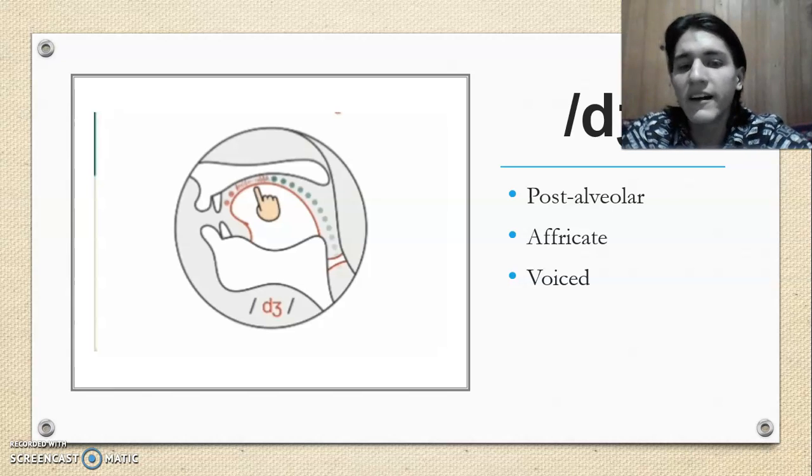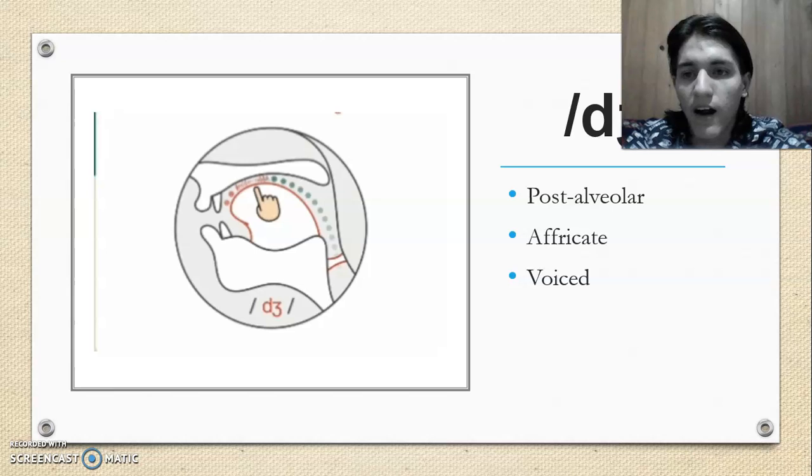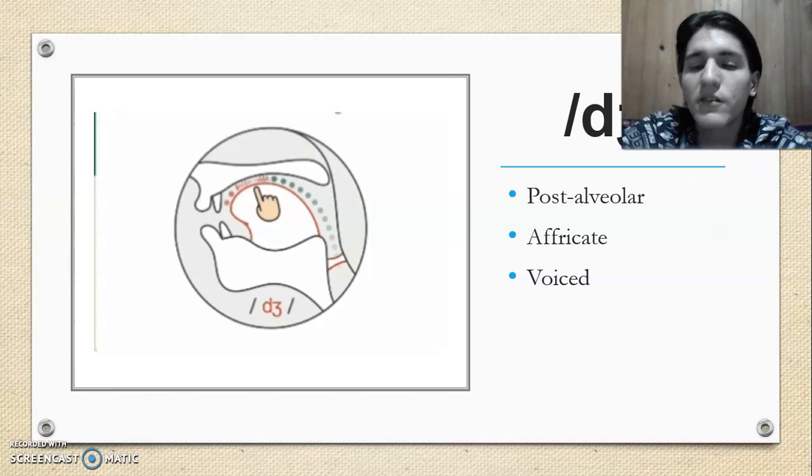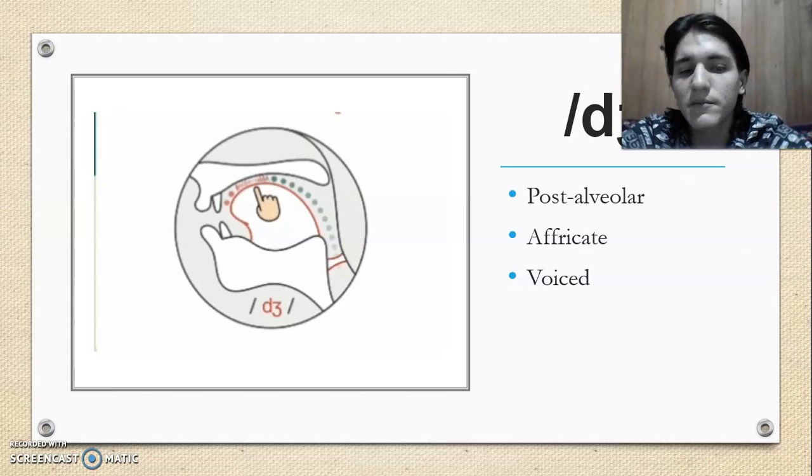Then release the air, arch your tongue so it is near the roof of your mouth. Make sure that you don't touch the roof of your mouth and there is a small gap for the airstream. It will flow with loud noise. It means that it is a voiced sound.